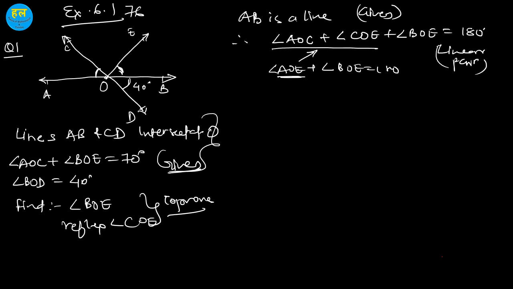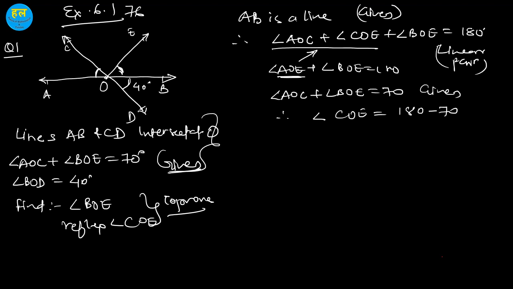Since this is 180 degree and angle AOC plus angle BOE is equal to 70 degree given, therefore angle COE becomes 180 minus 70 is equal to 110.